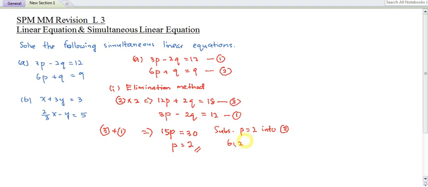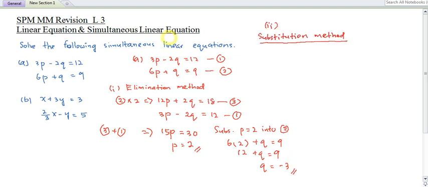I write 2 here: 6 times 2 plus q equal to 9. This equation, 6p plus q equal to 9. 6 times 2, you will get 12 plus q equal to 9. q is 9 minus 12, which is negative 3.